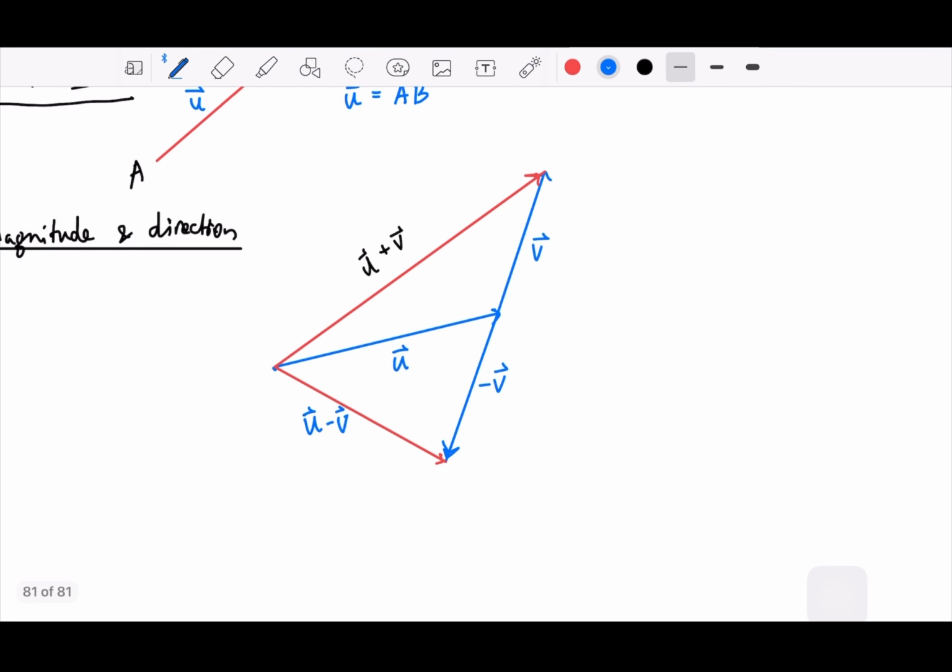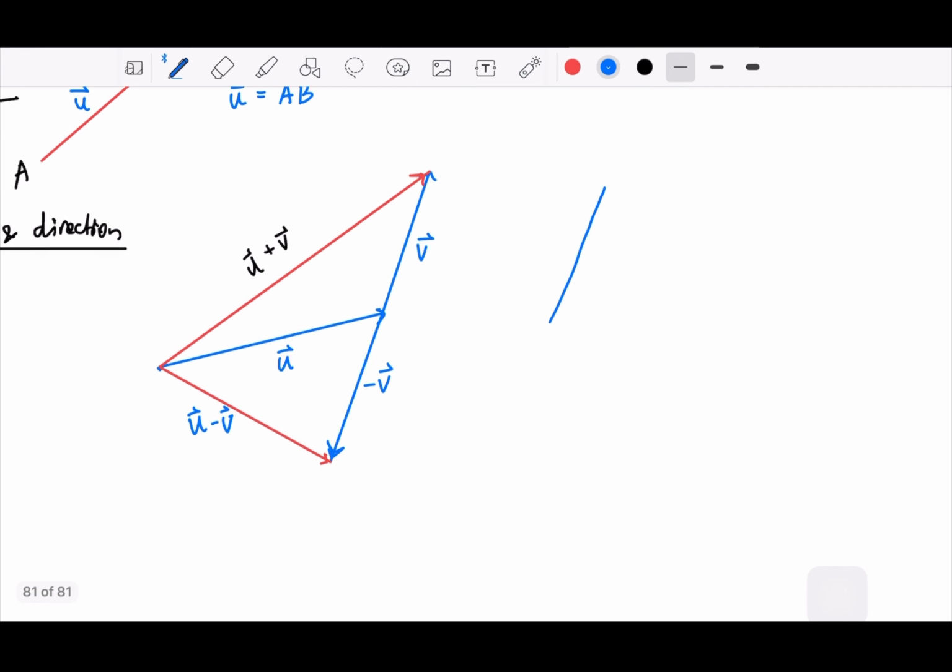And when you have, for example, this one, let's say this is v, and this is u. This is actually similar to what we have done here. So we can move the vector here, and then this will give the same result.